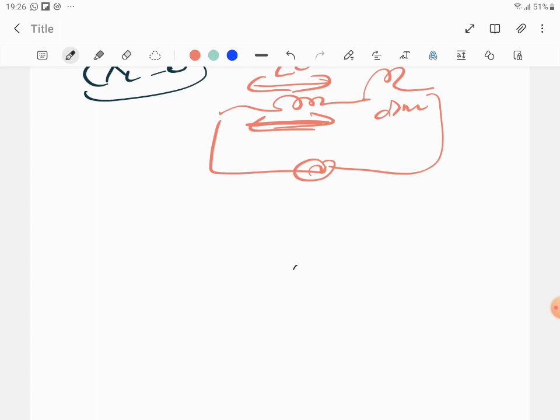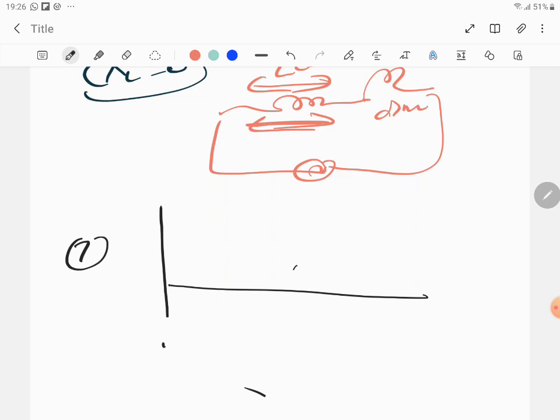This graph is problem number 7 in HOTS, and it is very, very important. Can you see this graph? We have to see the graph and identify. The voltage graph has more amplitude, and it's a sine graph like this. The current graph is lagging behind, I'm going to draw it in a different color, and also has lesser amplitude.